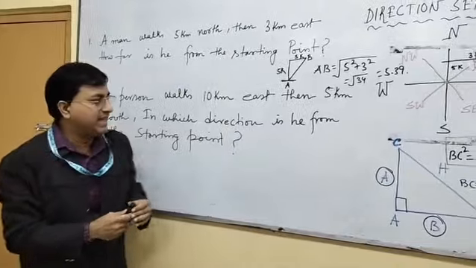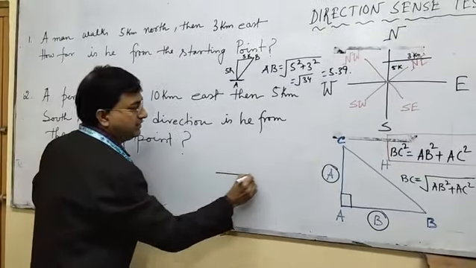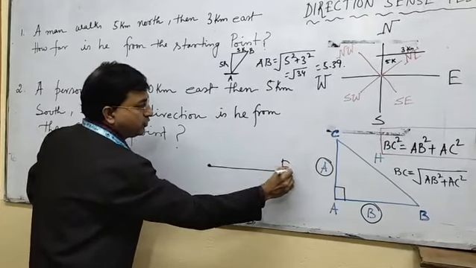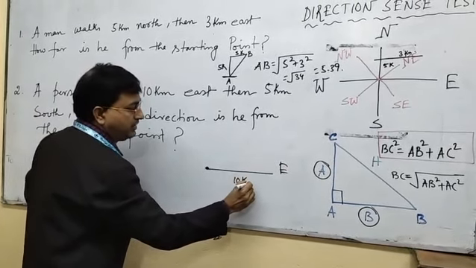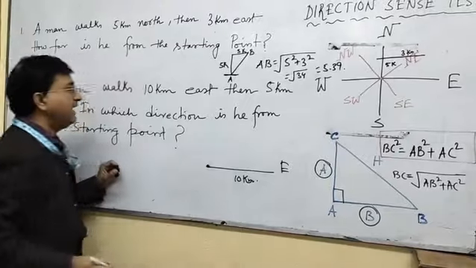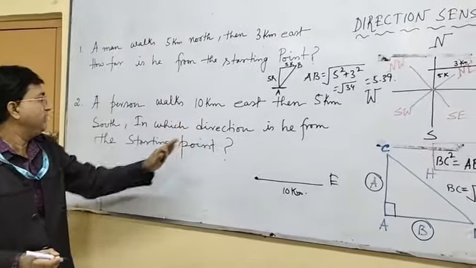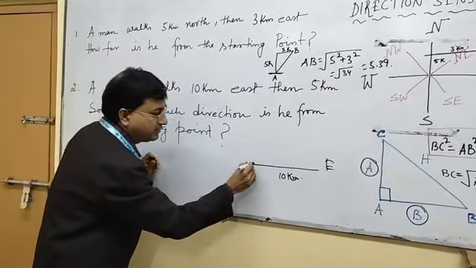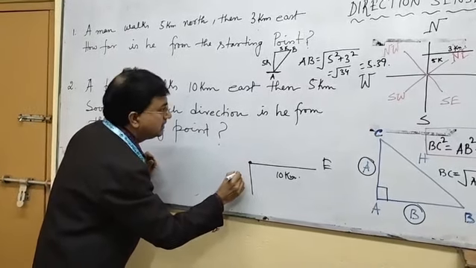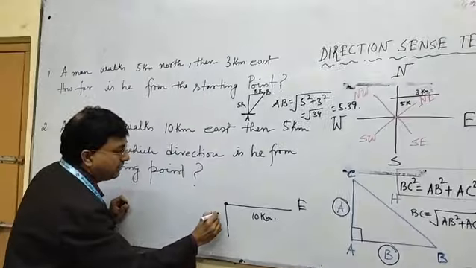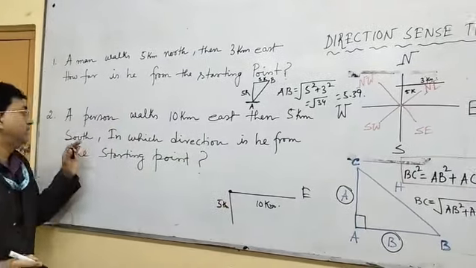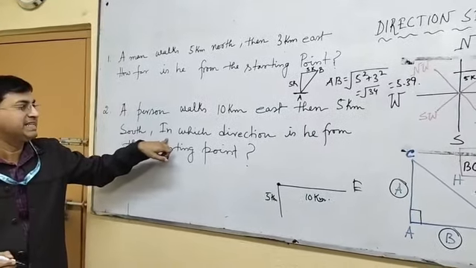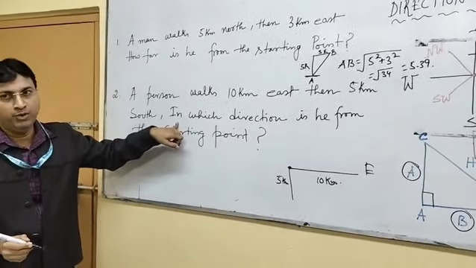So east is that side, so 10 km. It is the starting point. It is the east, so 10 km from east. Then what did he do? Then 5 km south. South in that portion, 5 km south.